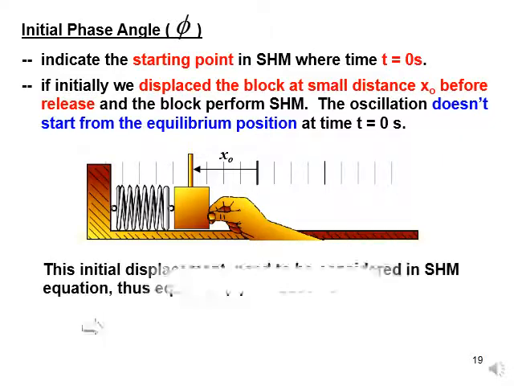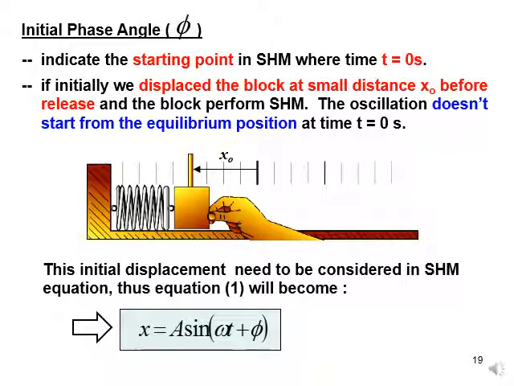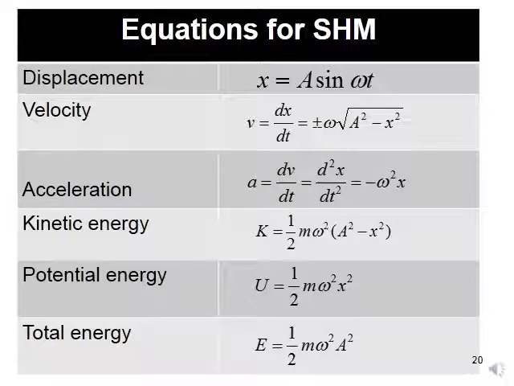So, this initial displacement needs to be considered in the SHM equation. Thus, the equation becomes x equal to A sin omega t plus phi, where phi is the symbol for the initial phase angle. These are the list of equations for simple harmonic motion.